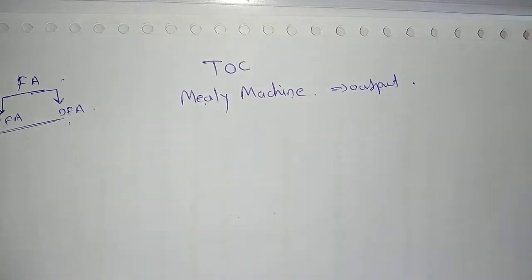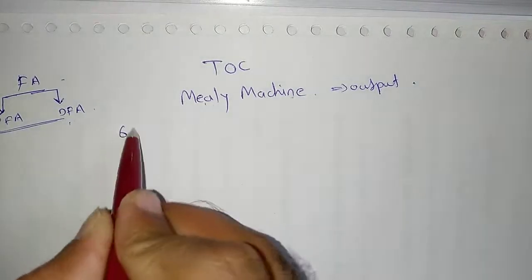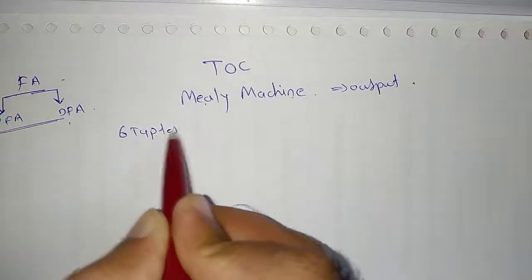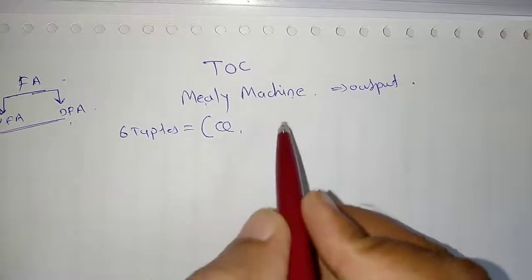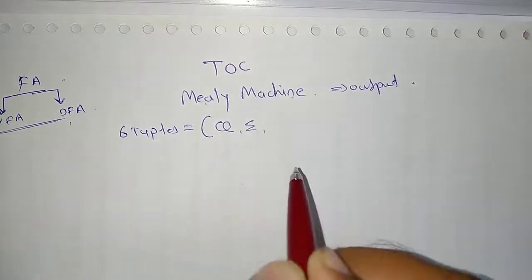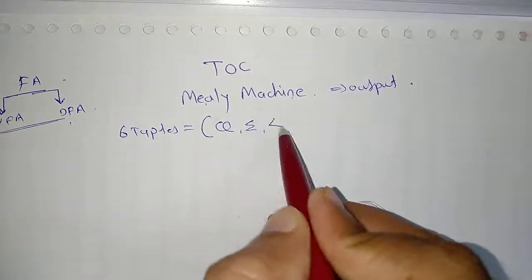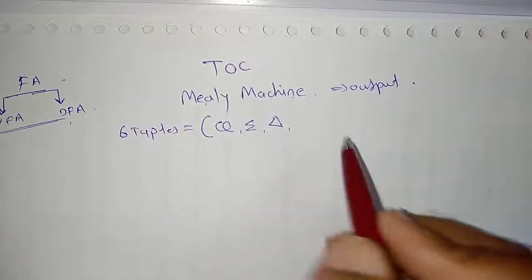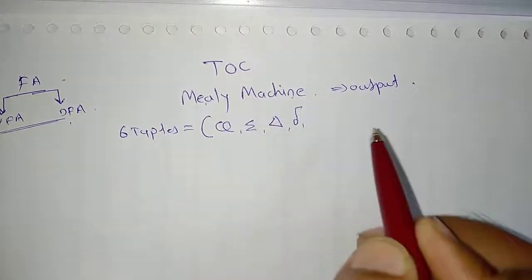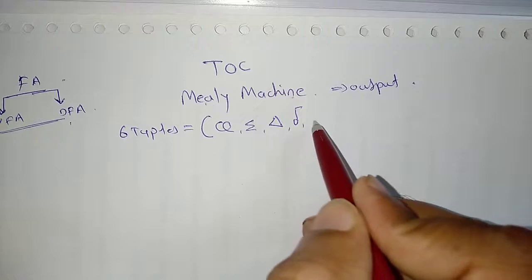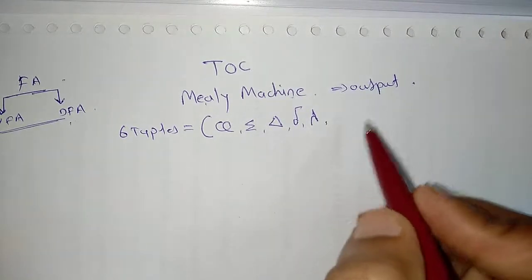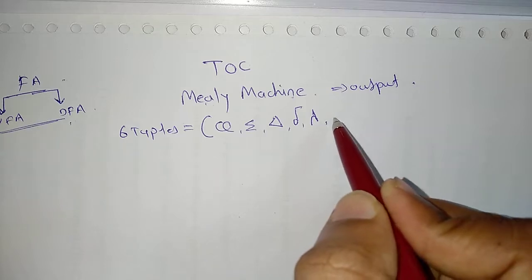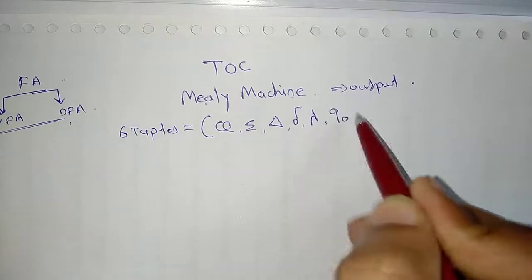So we'll see the tuples. There are 6 tuples in Mealy machine. Very first, the number of states, input symbol, output alphabets, transition, the output transition, and starting state.